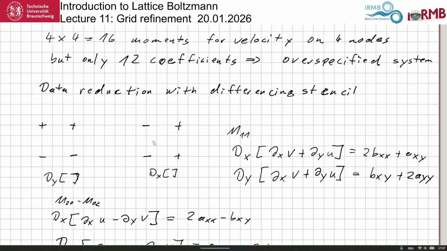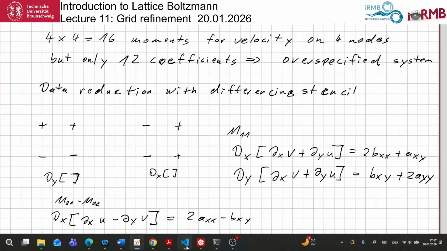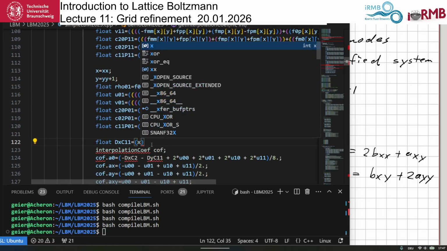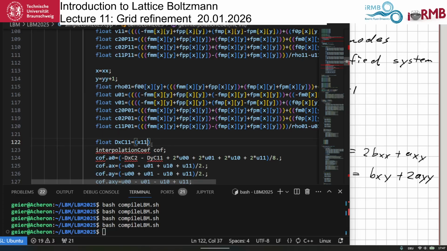This is the X stencil. So we have the ones on the right minus the ones on the left, okay? So meaning this is C, what is it called? It's C11P.